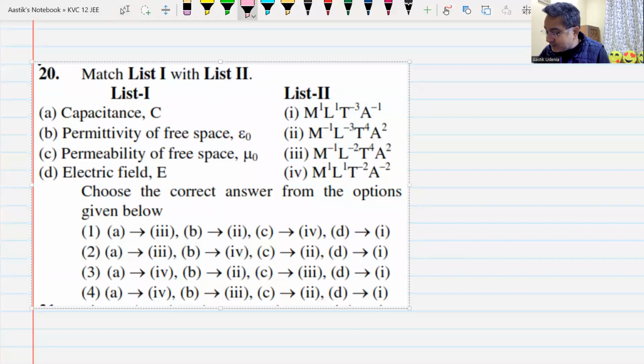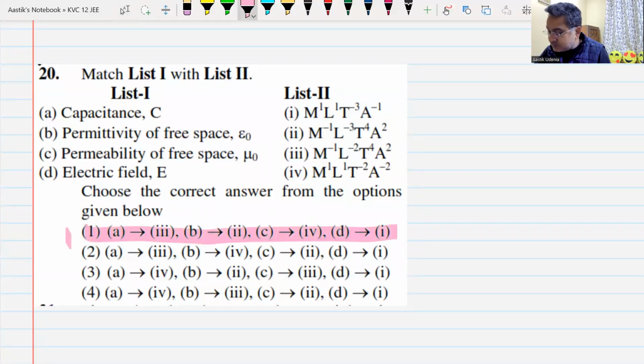Anyone knows how to solve this? You understand this, or do I need to do the needful? Yes, sir, or no, sir? Yes, sir. Okay.